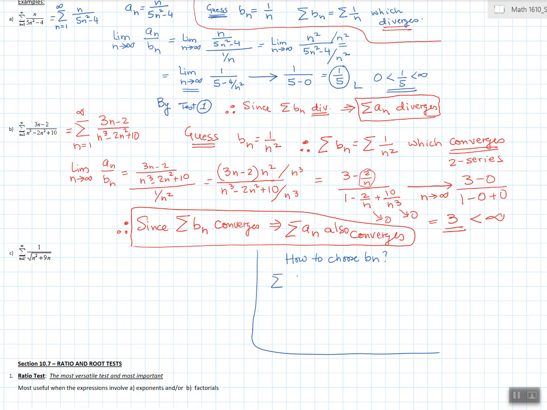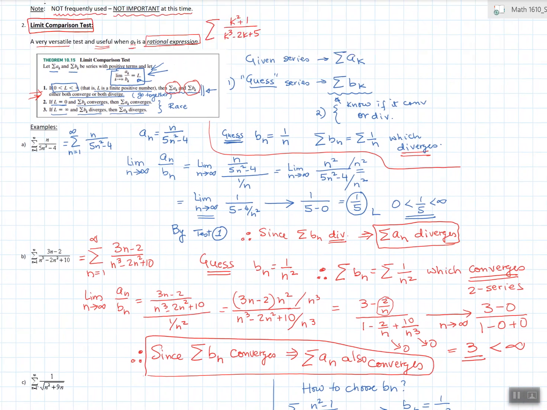Suppose the series is n squared minus 1 over n to the power 5 plus n squared. Now by just looking at it, I can tell you that my Bn would be 1 over n cubed. So there is a pattern in this. So let's look at all three examples and see if you can guess.